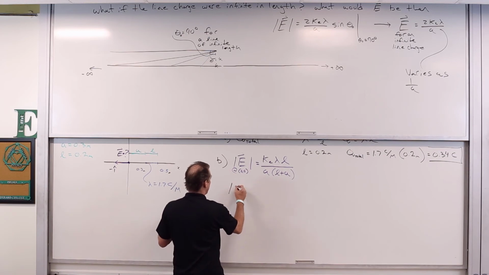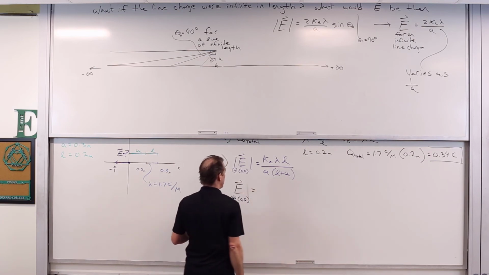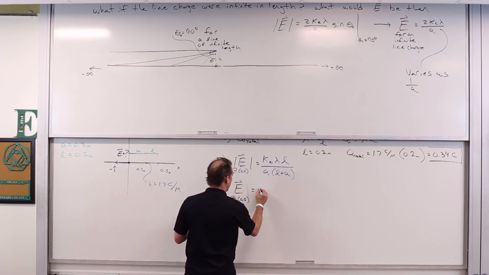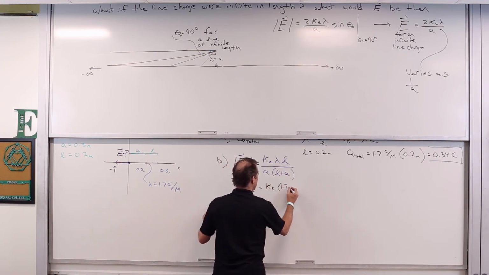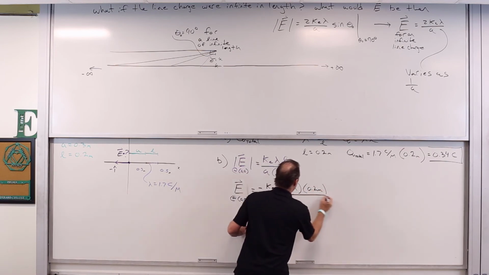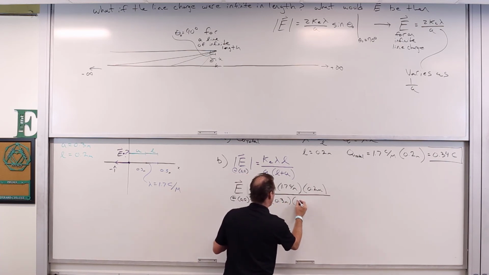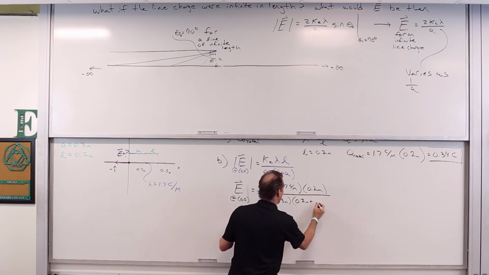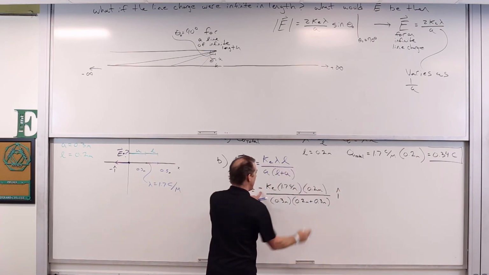We already know the direction, so we'll just say that the overall electric field at 0, 0 is equal to negative k sub e times 1.7 coulombs per meter times 0.2 meters divided by the quantity of 0.3 meters multiplied by the quantity of 0.2 meters plus 0.3 meters, in the negative i hat direction.